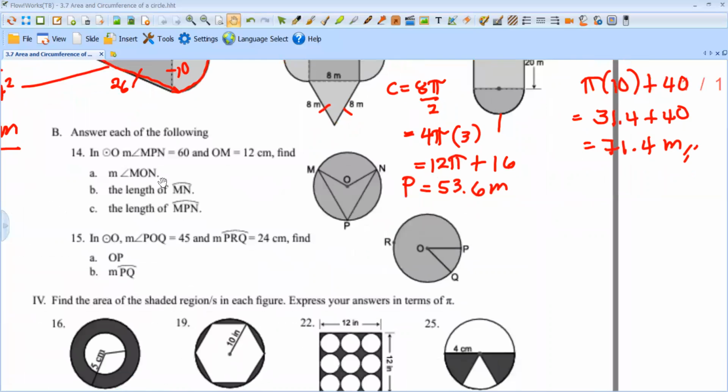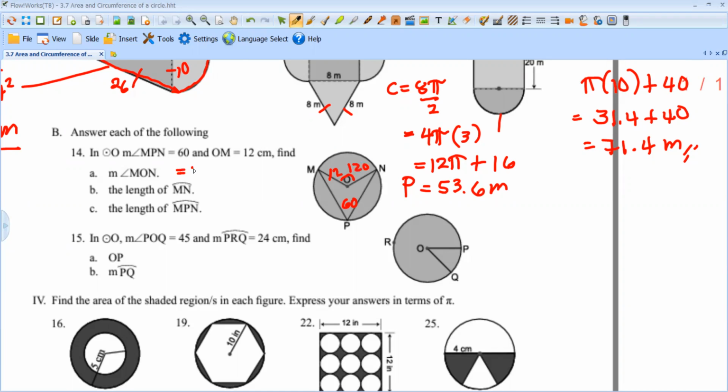Number 14, solve and answer each of the following. In circle O, angle MPN is 60. So angle MPN is 60. This is 60. OM is 12. This is 12. Find angle MON. So 2 times 60, which is 120.